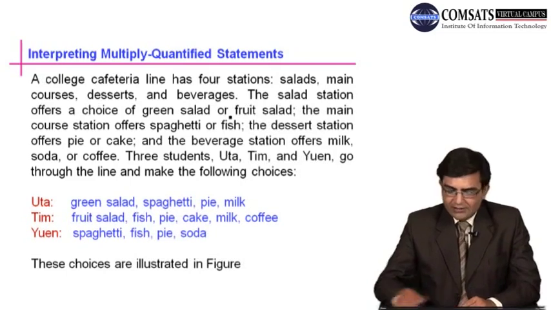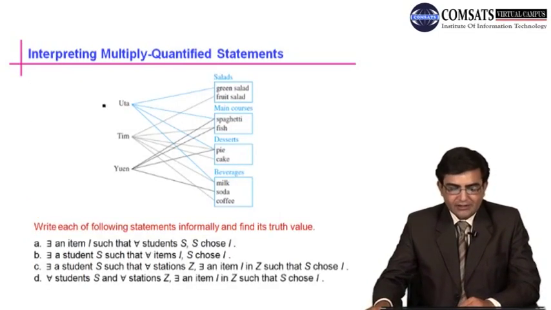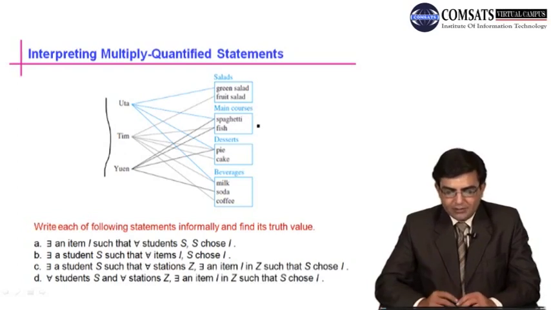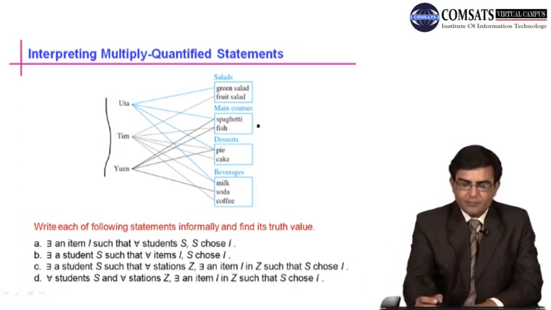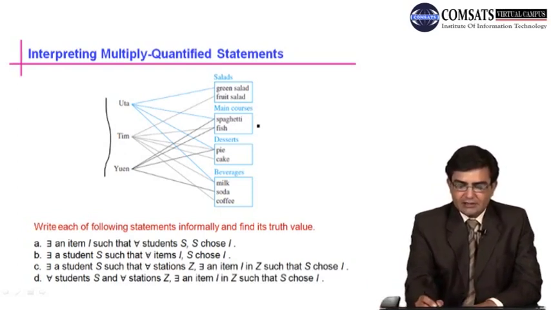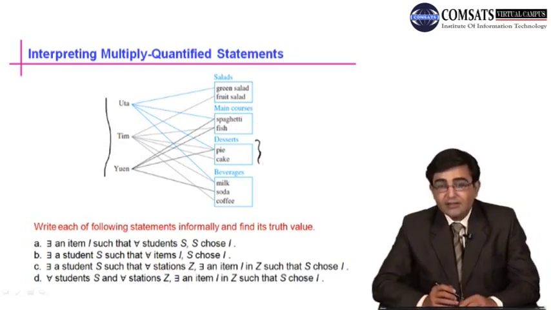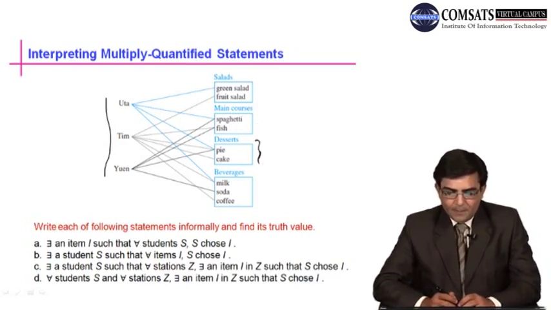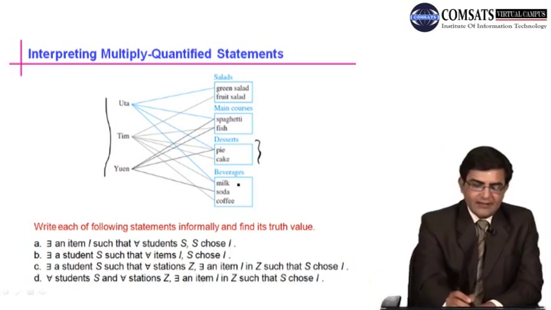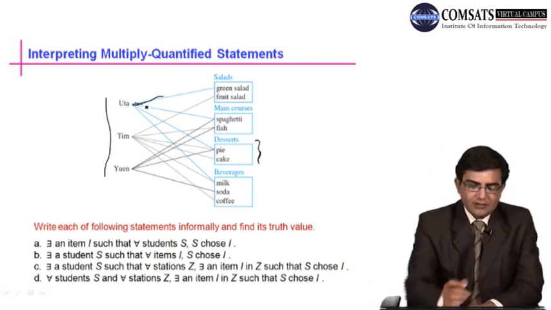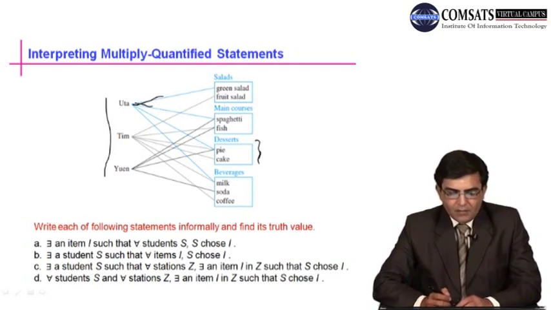We can express all these choices with the help of a figure. Here we have the first station, salads. The second station is main courses, or the principal dishes. The third station is dessert, and the fourth station is beverages. Now these lines show the choices of the students.